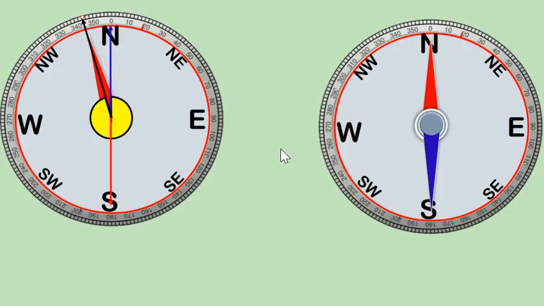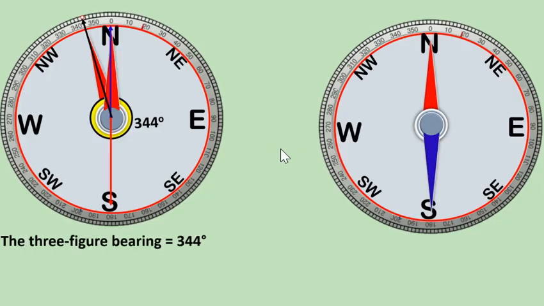To measure the acute angle, we start from the north and we move in the anti-clockwise direction. When we do that, we get this. Then we measure the angle. That will give me 360 minus 344. So therefore, the acute angle format should be north, 16 degrees west.